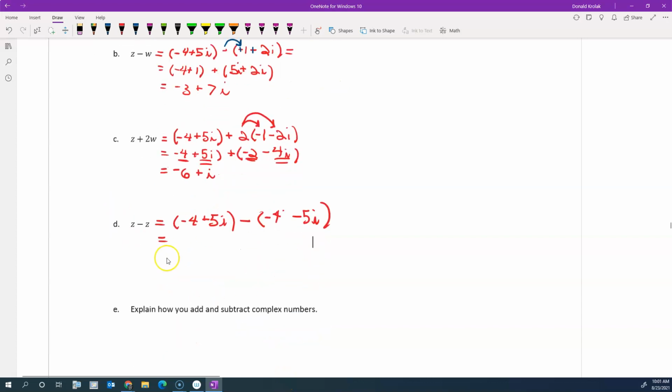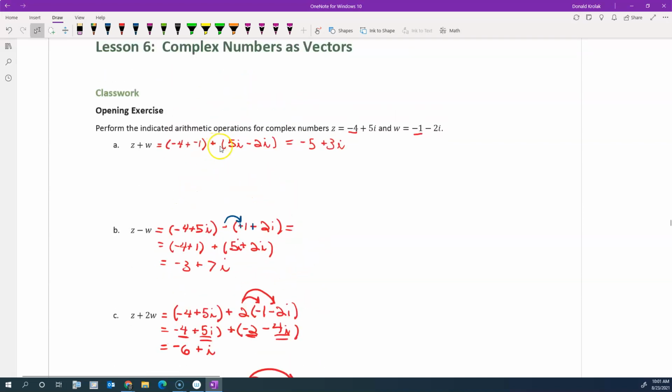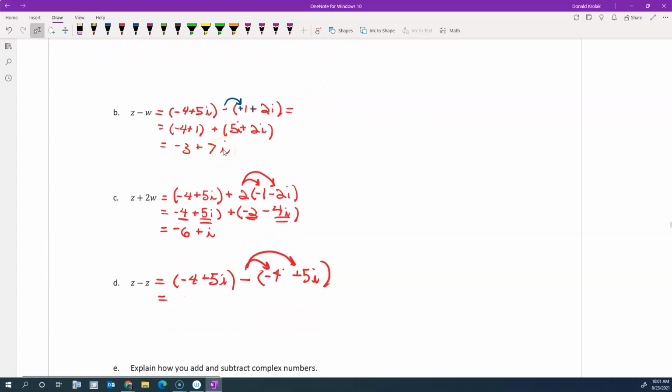Then we distribute. Let's see, is this a plus or minus? Plus. Okay, so then we'd end up with this. And then this would be plus 4, and this would be minus 5i. So that's 0. 0 plus 0i. It's gone.